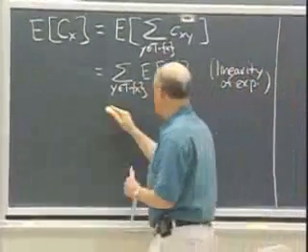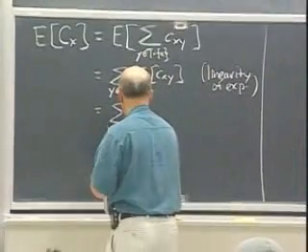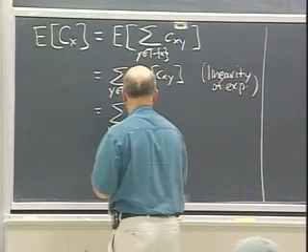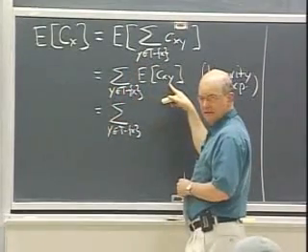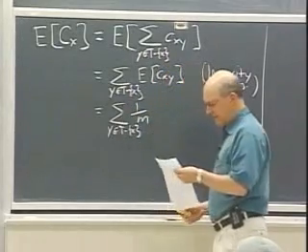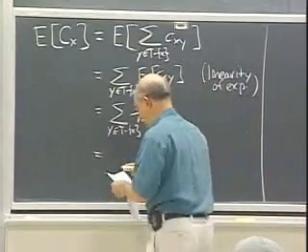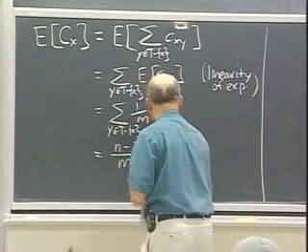And that's equal to, and now the math gets easier. So what is that? 1 over m. Okay, that makes the summation easy to evaluate. That's just n minus 1 over m.